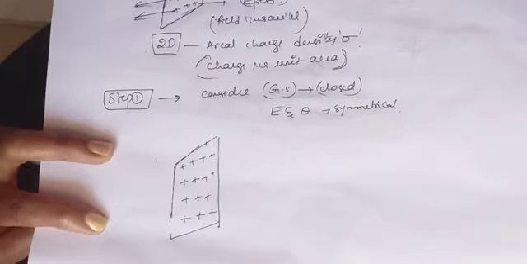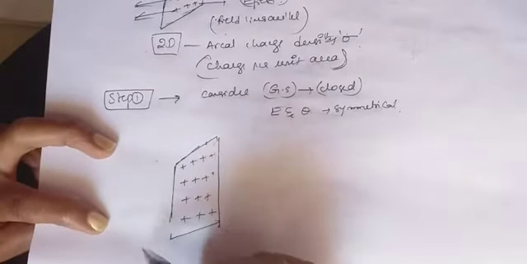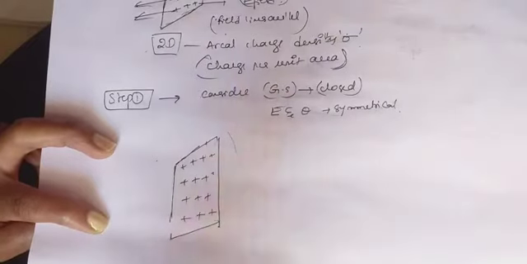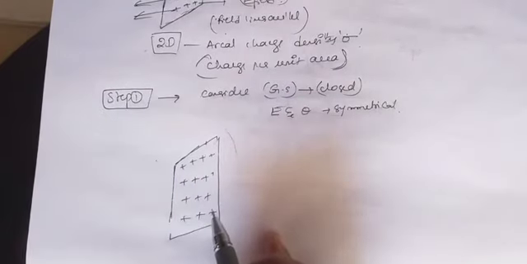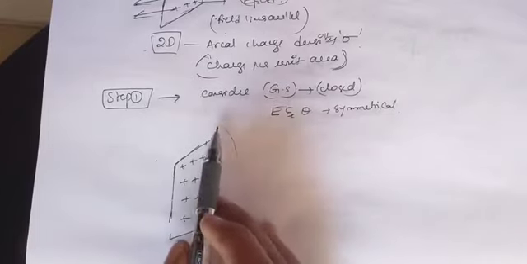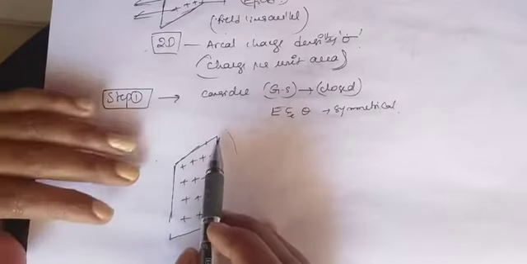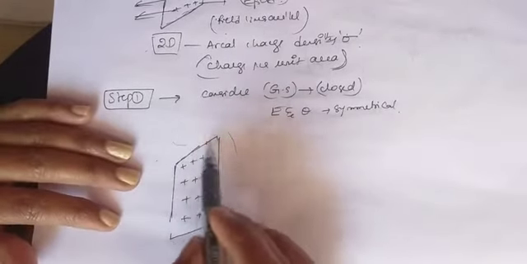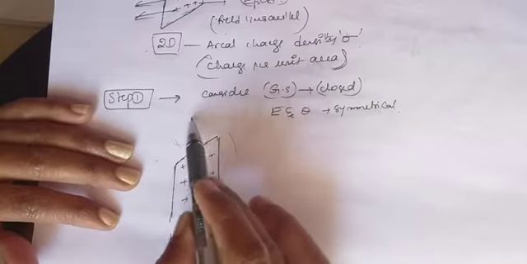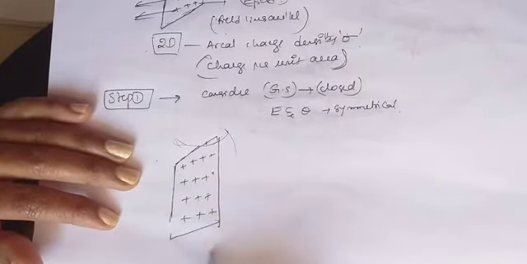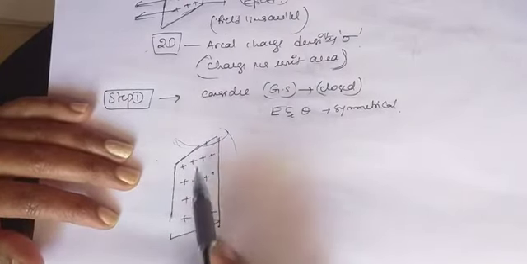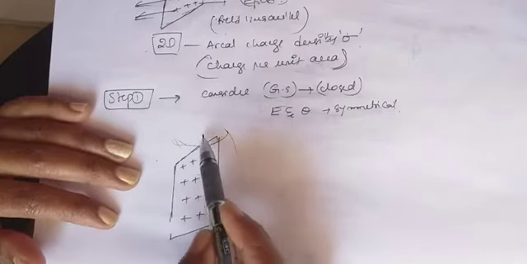If I consider the Gaussian surface as a sphere, the R will change. If I consider the Gaussian surface as a cylinder like this, here also we are not getting a correct one.